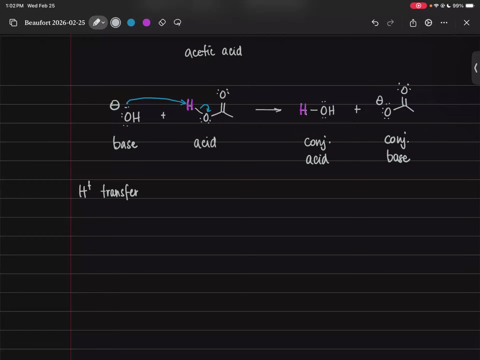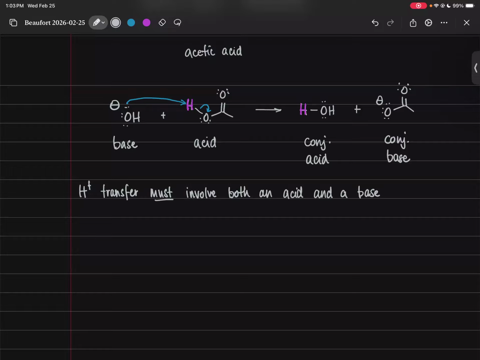It should be kind of obvious from this example, but proton transfer must involve both an acid and a base. That's by the Bronsted-Lowry definition, because the acid is a proton donor and the base is a proton acceptor. In order to transfer a proton, something has to donate the proton and something else has to accept it.